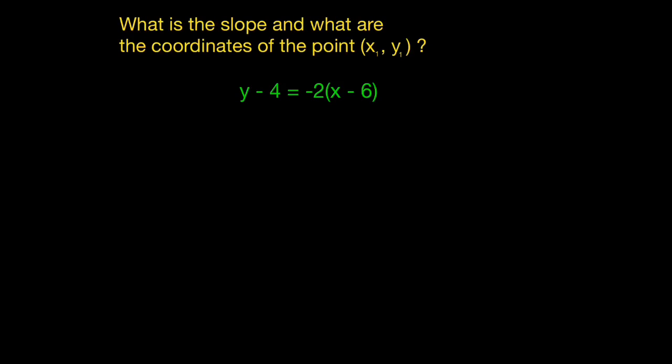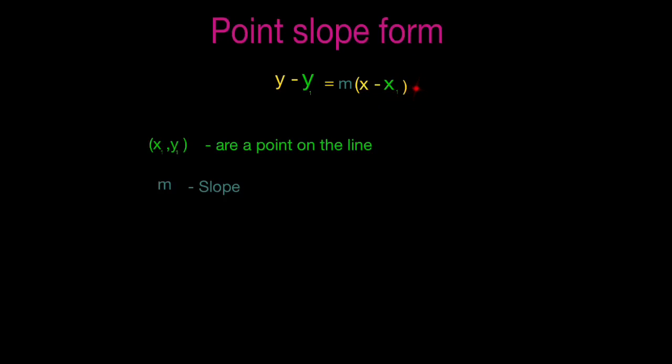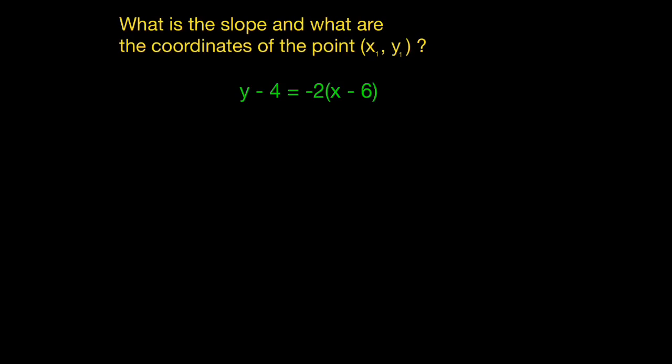It says, what is the slope and what are the coordinates of the point x1, y1? In order to do this problem, I'm going to make use of this skeleton right here. Let me rewrite it for you: y minus y1 is equal to m parentheses x minus x1.